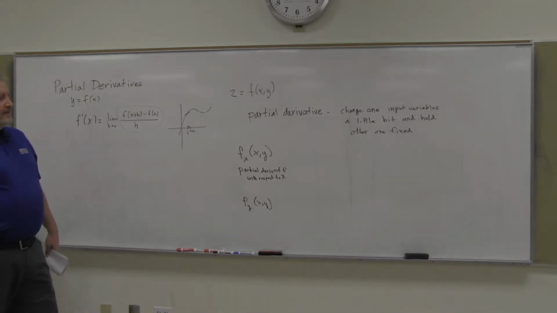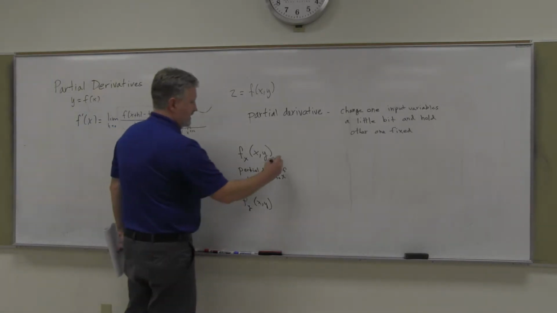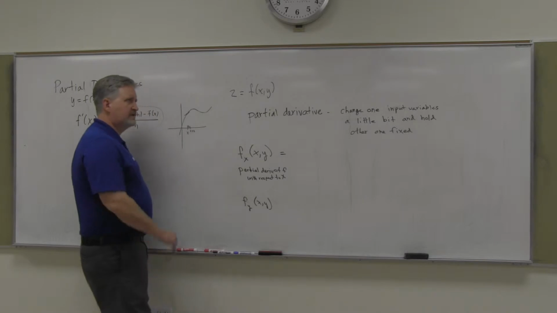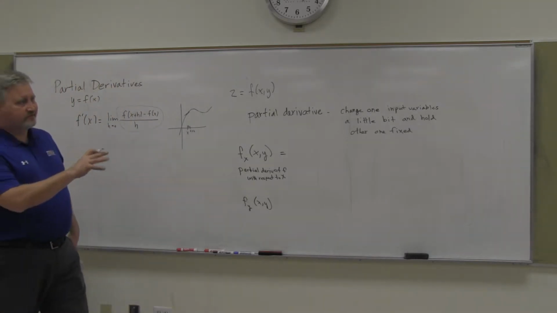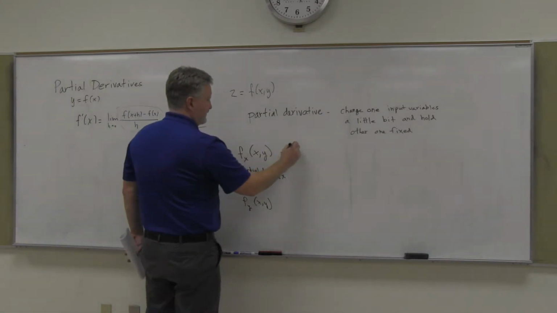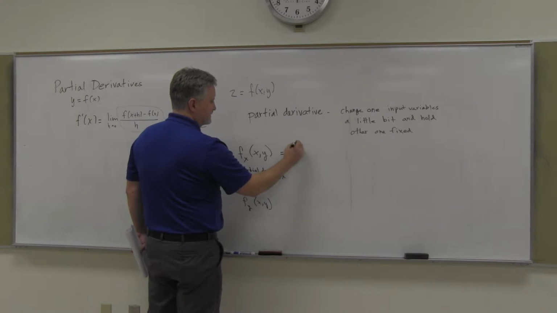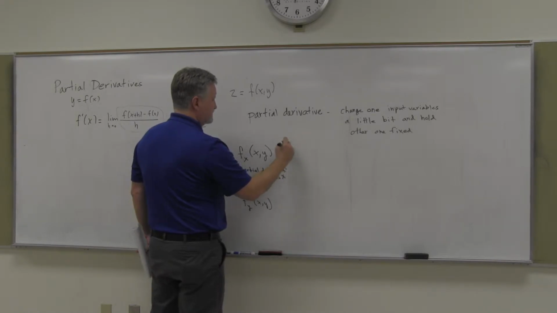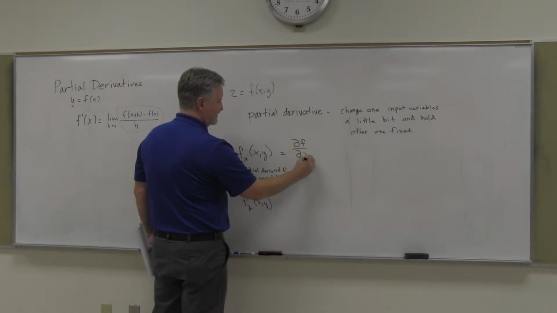Now the other notation is kind of the Leibniz, but a little bit changed up because we are doing partials. It's a modified Leibniz, I guess we could call it.